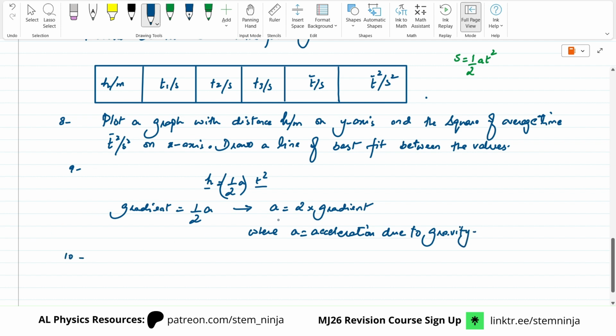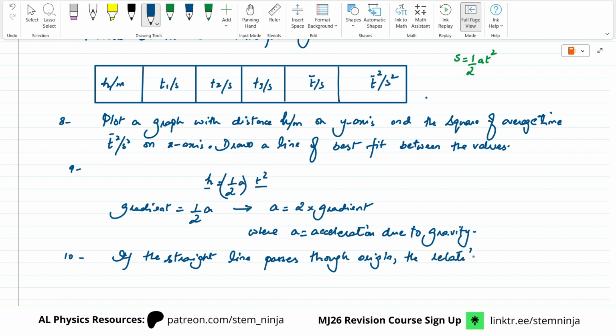Now, final note, the y-intercept has to be 0. So if the straight line passes through the origin, the relationship between height and t squared is valid.